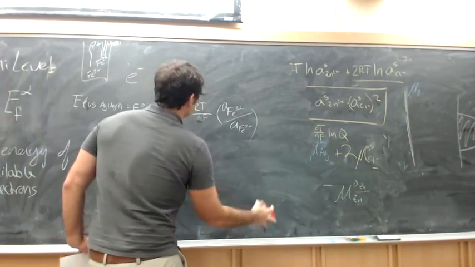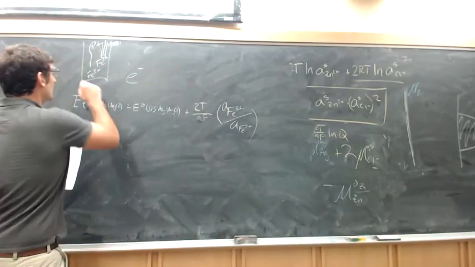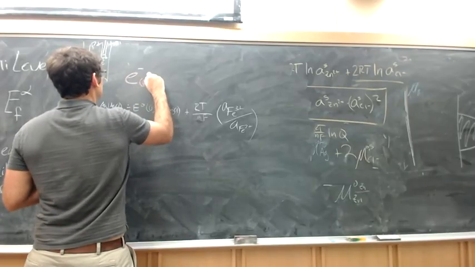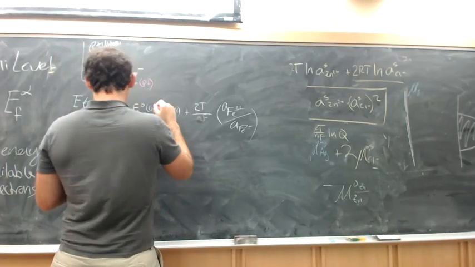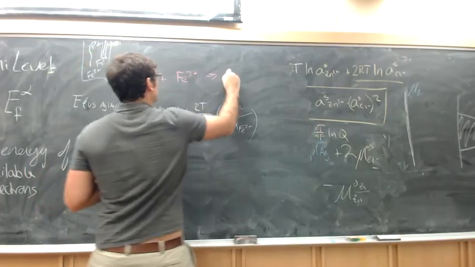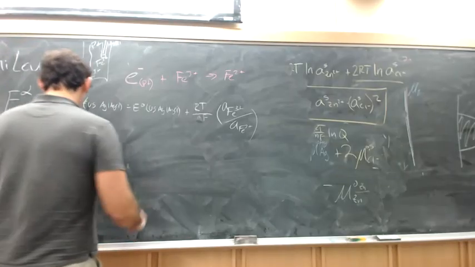We could get that equivalently, and this is the neat part. I can write an equation: an electron in the platinum, that's where electrons come from, plus an Fe3+ goes to an Fe2+. So let's use the electrochemical potential.